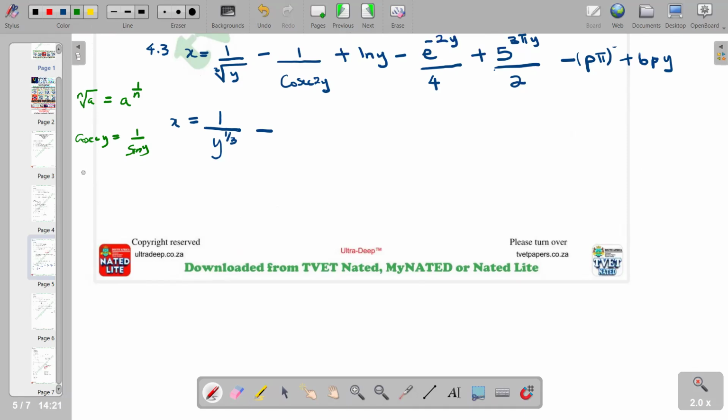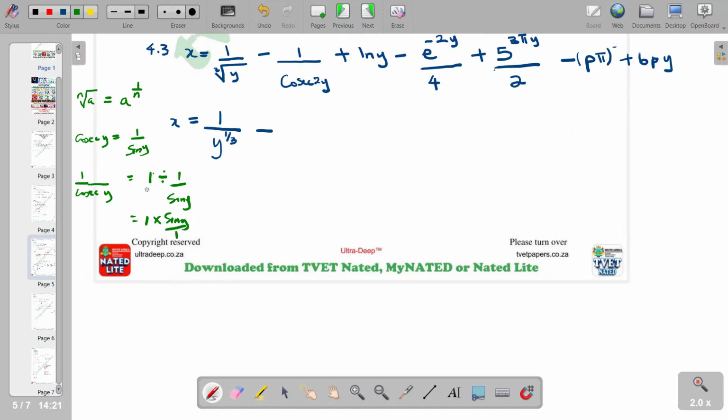So 1 over cosec y will be equal to 1 divided by 1 over sine y, which becomes 1 multiplied by sine y over 1.